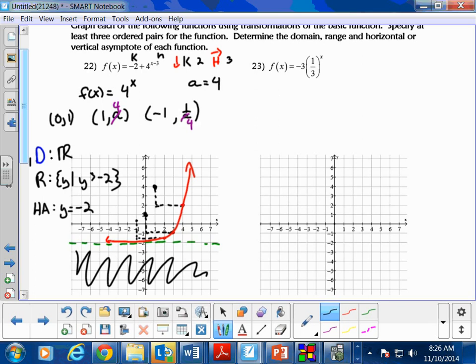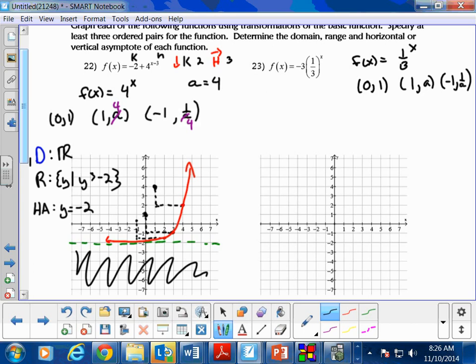Now with this one, it's going to involve the basic function, f of x is equal to (1/3)^x. So with this one, we're again going to have the point (0, 1), and we're going to determine (1, a) and (-1, 1/a).